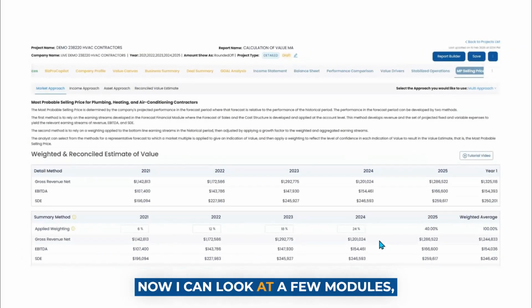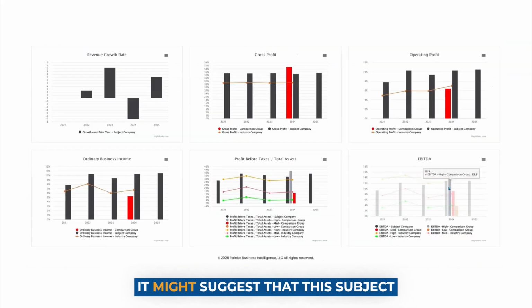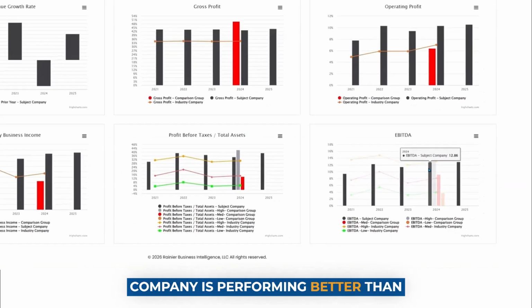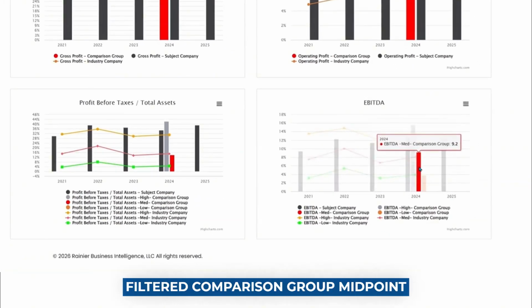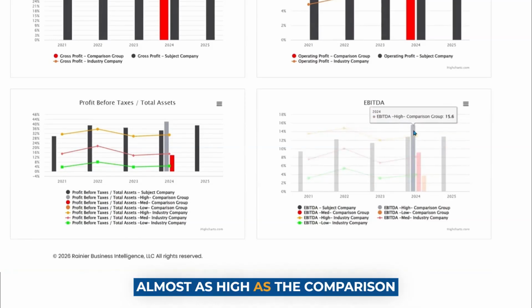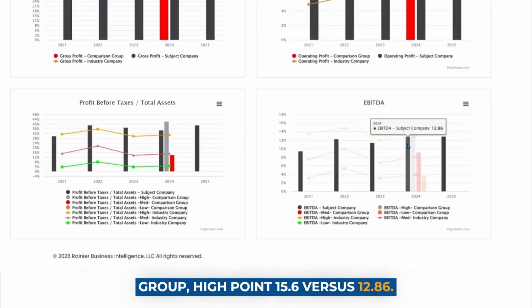Now, I can look at a few modules, and the first one that I want to look at is the performance comparison. It might suggest that this subject company is performing better than the industry midpoint and the filtered comparison group midpoint, almost as high as the comparison group high point, 15.6 versus 12.86.